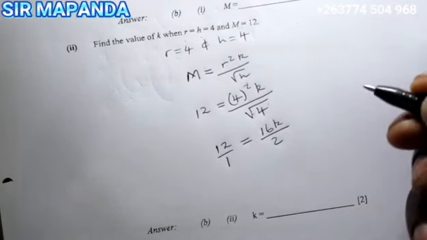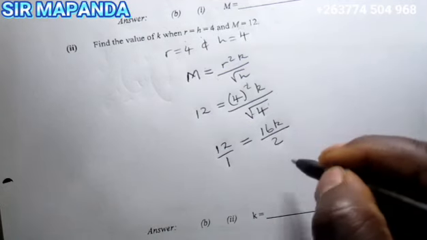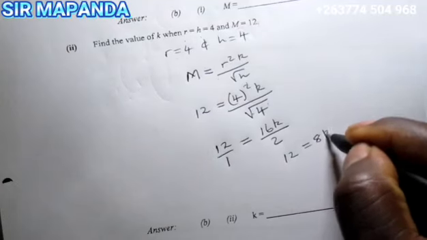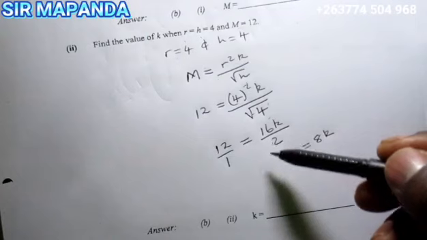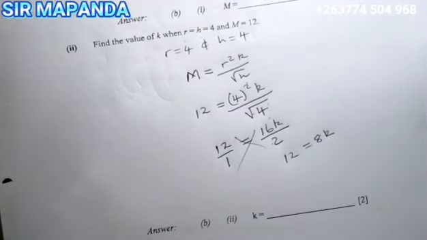But you can notice that 2 is a factor of 16. So you can write this as 12 is equals to 8k. If 2 was not a factor of 16, we would use cross multiplication. But since 2 is a factor of 16, you just write 12 is equals to 8k.